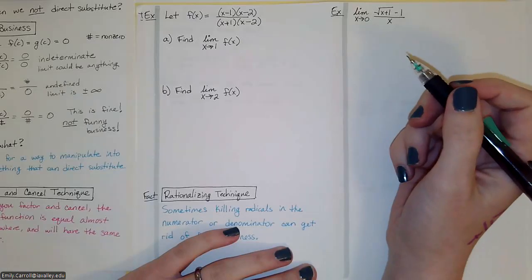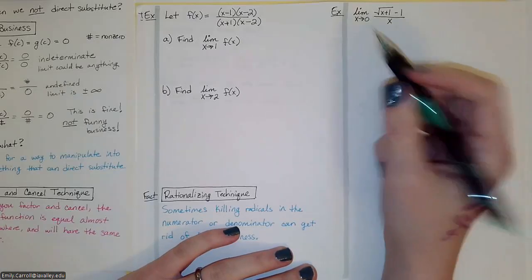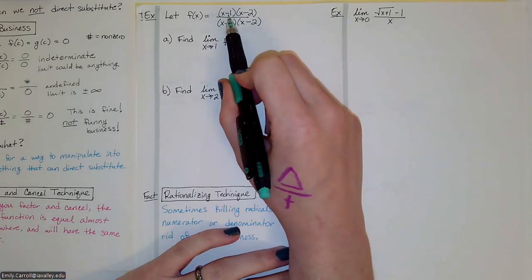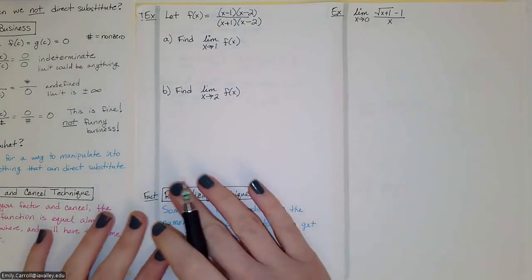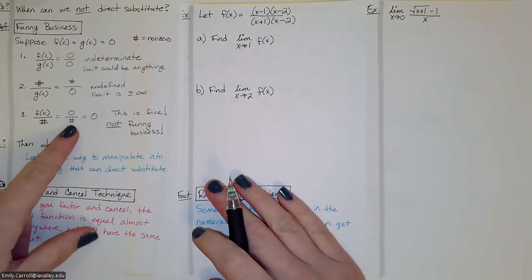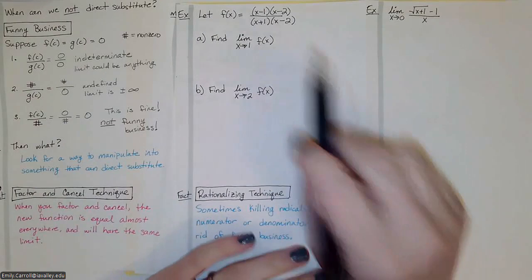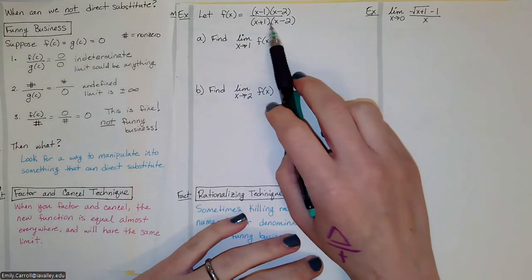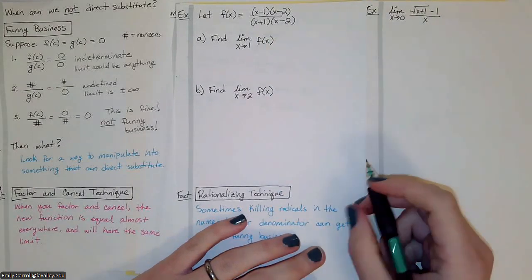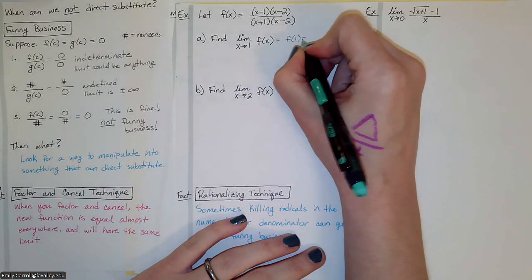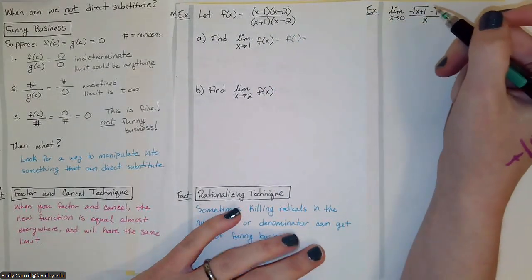Well, what happens if I direct substitute here? I will get 0 in the numerator, but that's not an issue. 0 in the numerator is not funny business. That's fine. The denominator is going to be, it's 2 times 1. Oh, there's actually nothing wrong with that. So direct substitution will actually work here.